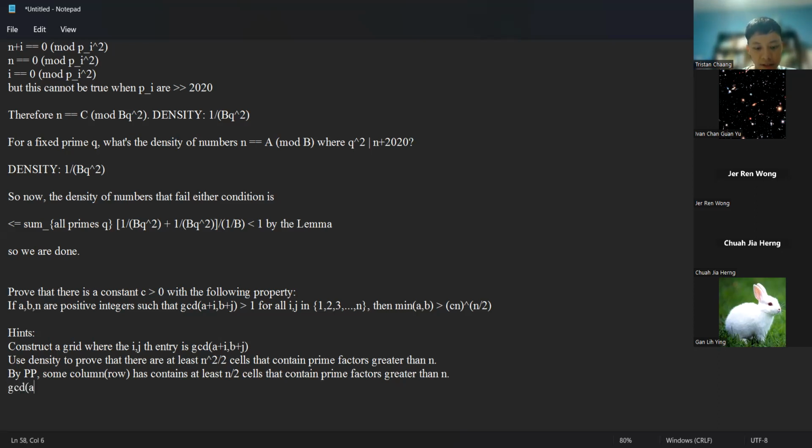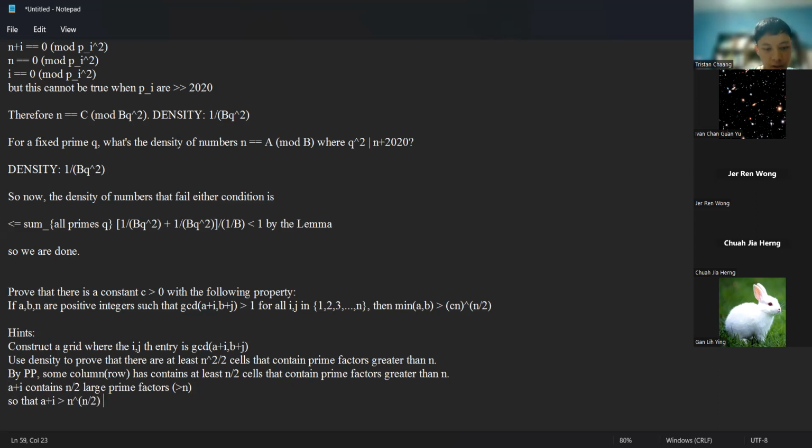So GCD of A plus I and B plus J contains a large prime factor greater than n for n over 2 values of J. Well, that basically means that A plus I itself contains n over 2 large prime factors greater than n. Then we're basically done actually, so that A plus I is larger than n to the power of n over 2.